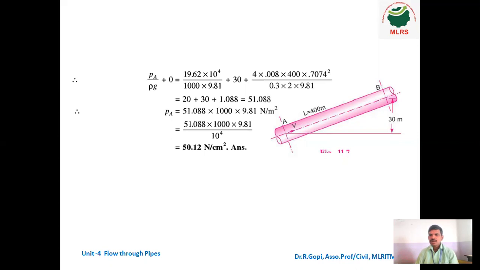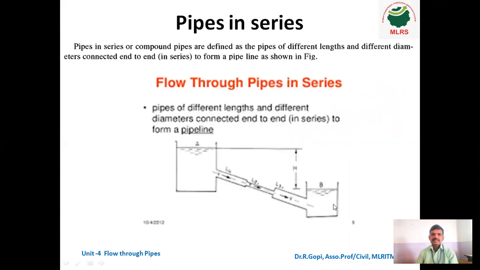Major losses is only friction, but minor losses are inlet, sudden expansion, sudden contraction, outlet, bends in pipe, pipe fittings, etc. Okay, so next chapter we will see pipes in series.